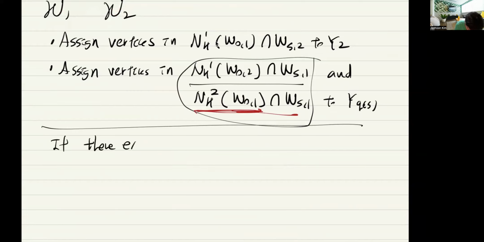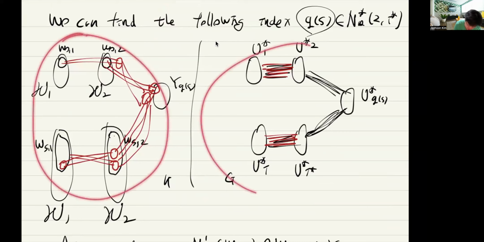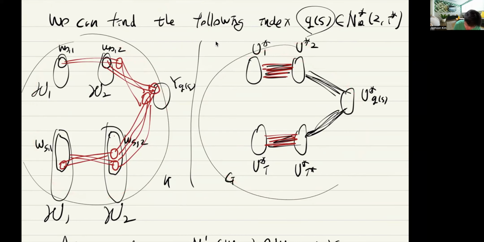if there exists an edge between y, say y_i, and say y_j union x_j. As we did here, this respects the structure here, meaning that all the edges between here and here are either between y_2 and y_qs, or x_2 and y_2s, y_qs, or here it's either from y or x, it doesn't matter, and it's from y_qs.